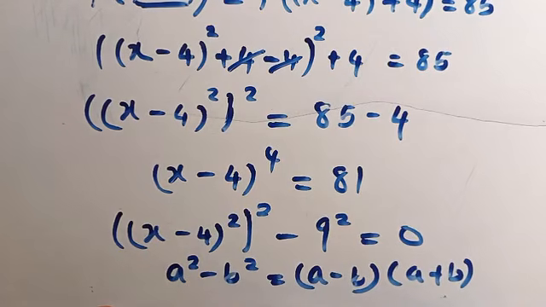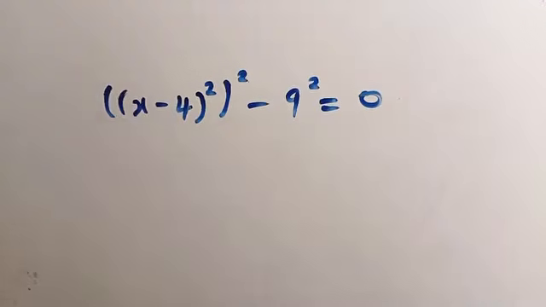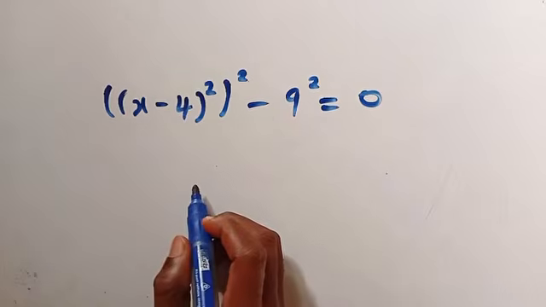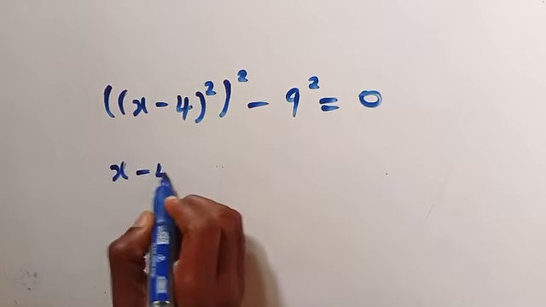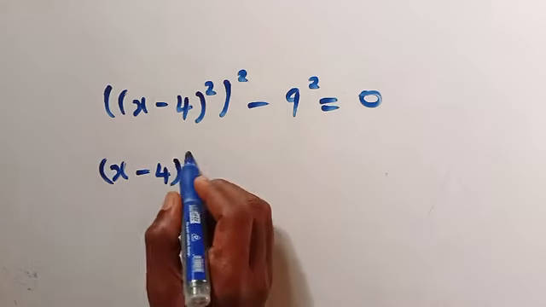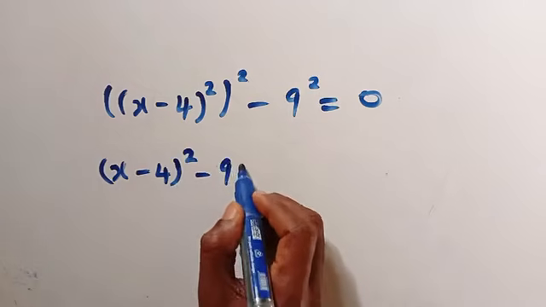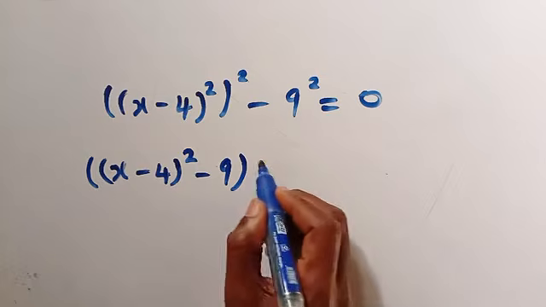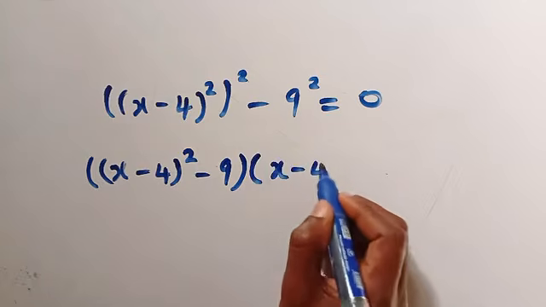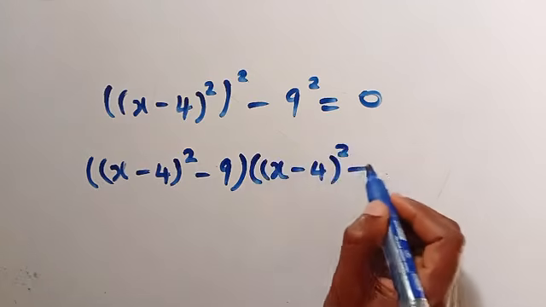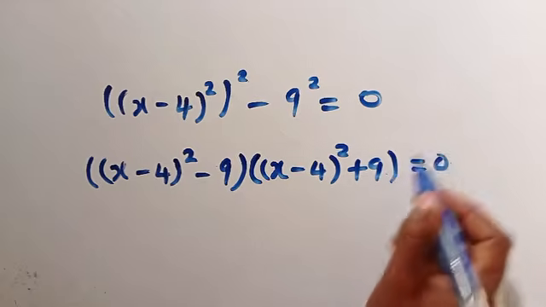That is the difference of two squares. Applying the difference of two squares here, we are going to have x minus 4 raised to power 2 minus 9, then multiplied by x minus 4 raised to power 2 plus 9, equals 0.